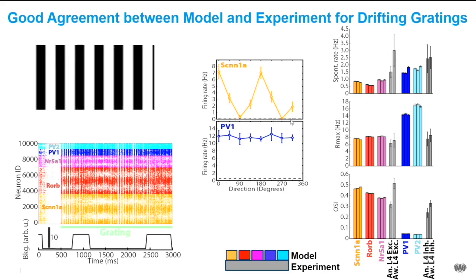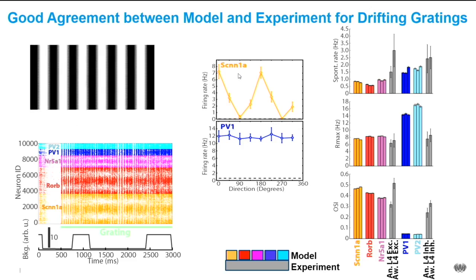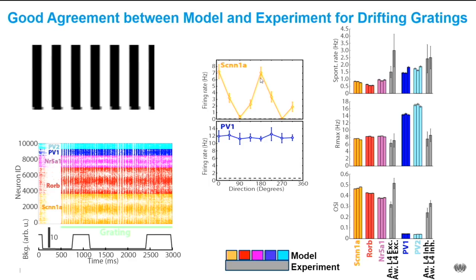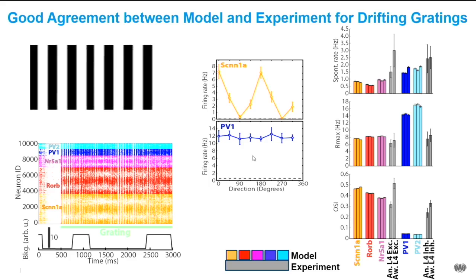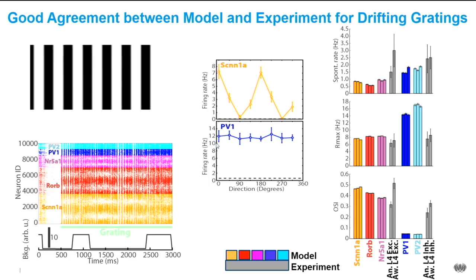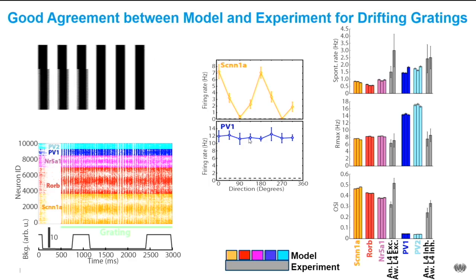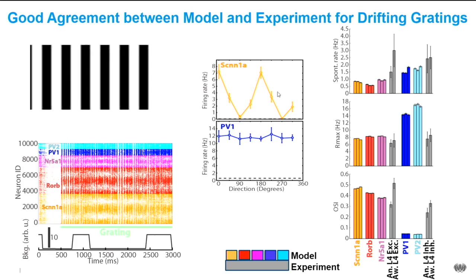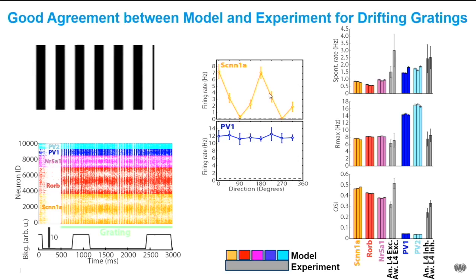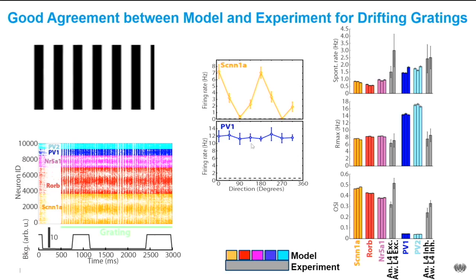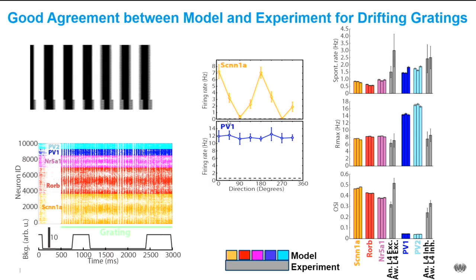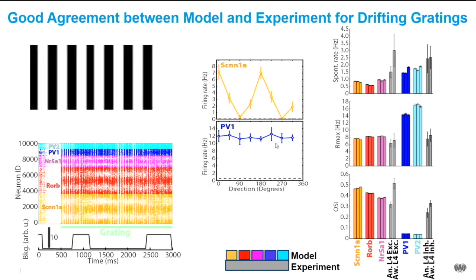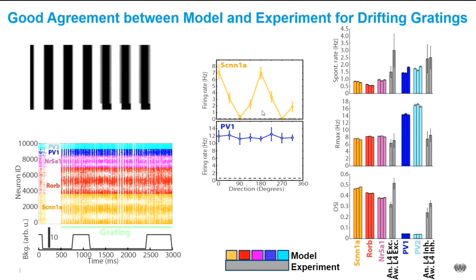The plot in the middle shows example tuning curves for one representative excitatory SCNN1A neuron and one example inhibitory interneuron, which is a PV1 interneuron. In agreement with experimental data, the excitatory neurons in our model show sharp orientation tuning, and in comparison, again in agreement with experiments, the inhibitory neurons show relatively flat orientation tuning curves compared to the excitatory neurons.